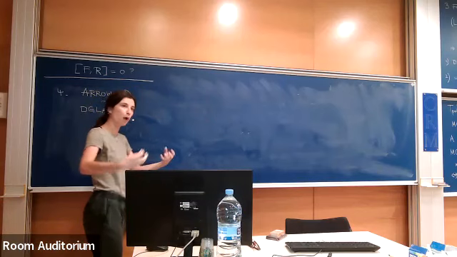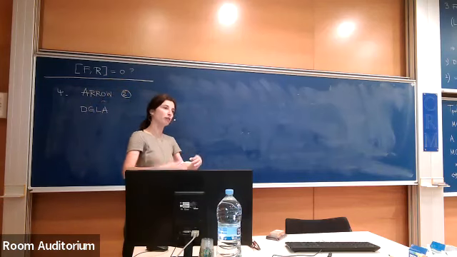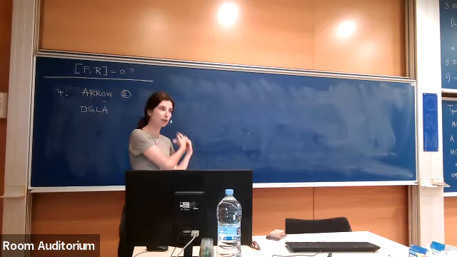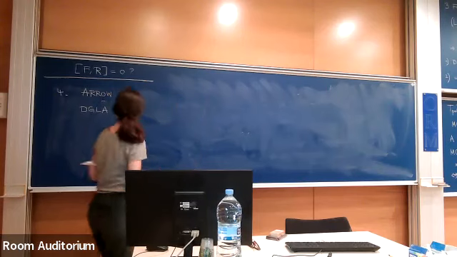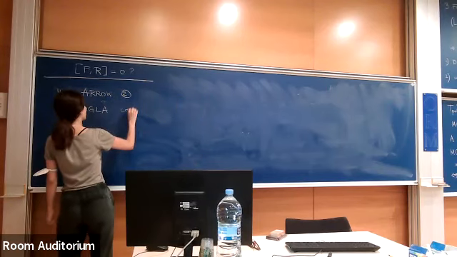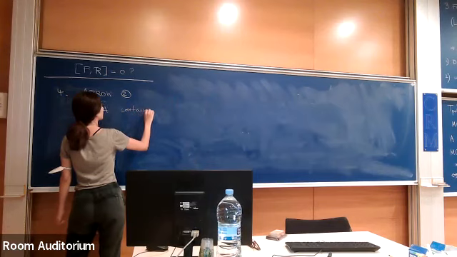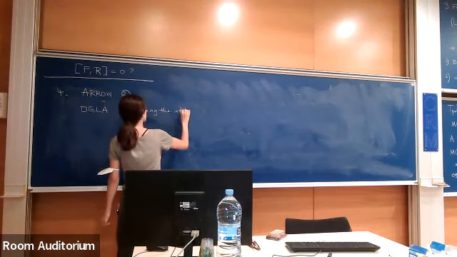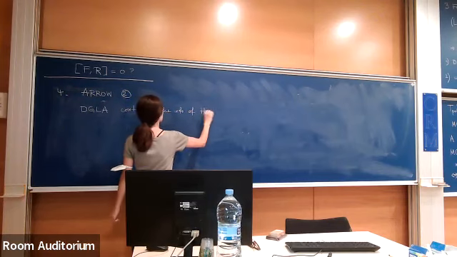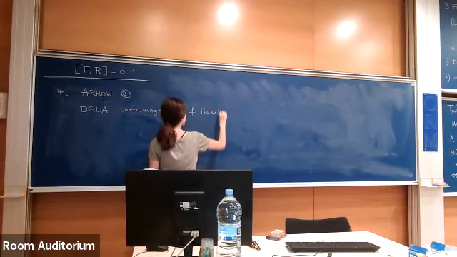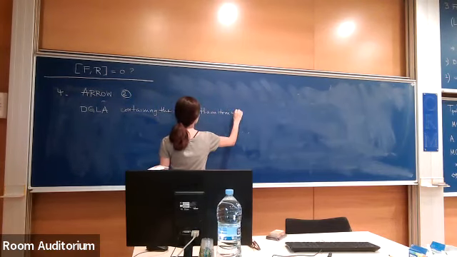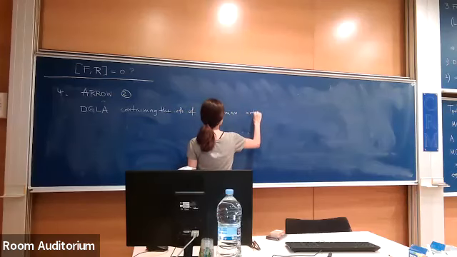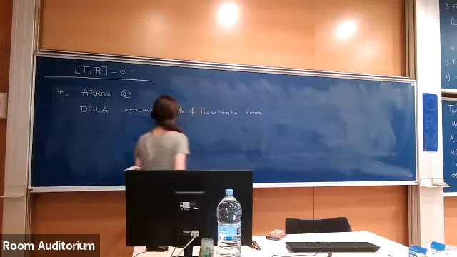So I really want to encode the information of the Hamiltonian action in terms of a DGLA. So let's see how.